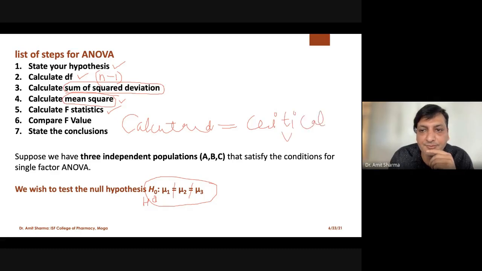Now what is that critical value? The critical value is called the tabulated value, the value which we are going to take from the table. And there is a standard we have to compare, the standard we have seen in the case of the student t-test or the independent test. In the same way we will compare the standard.